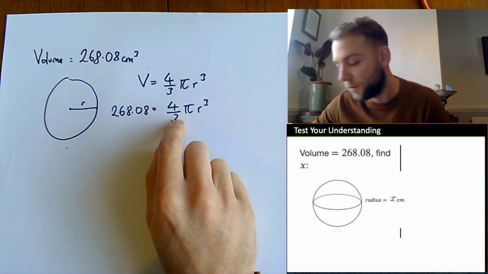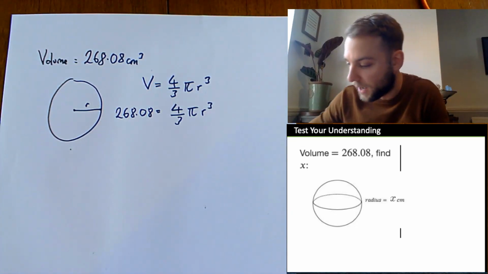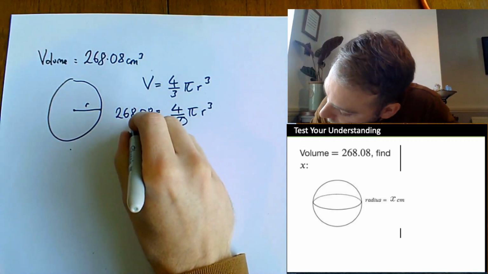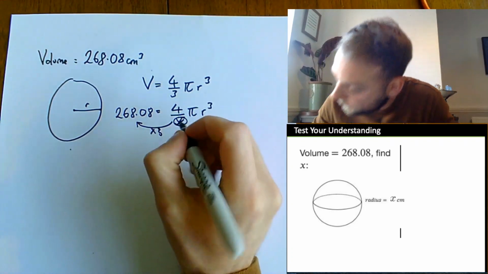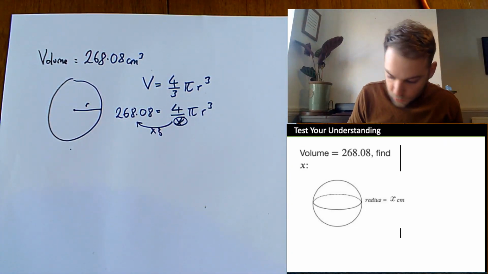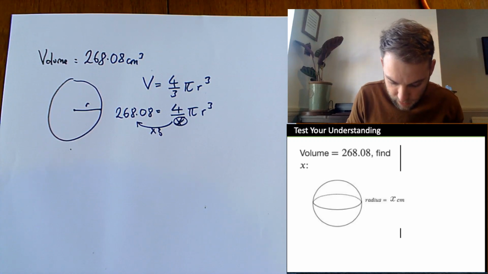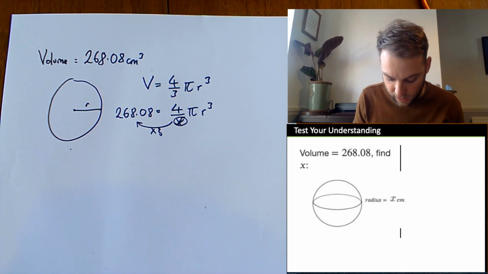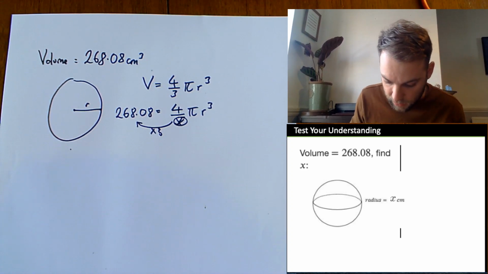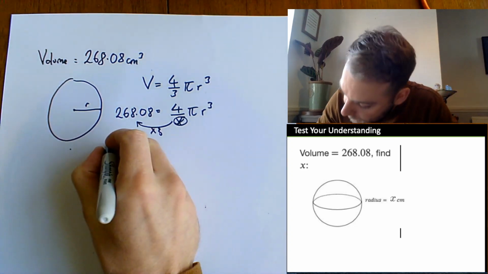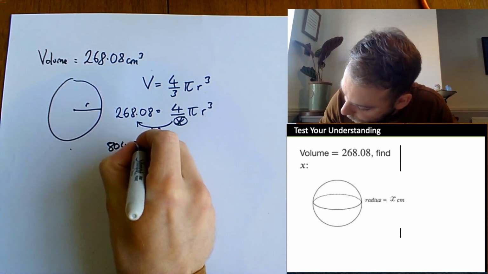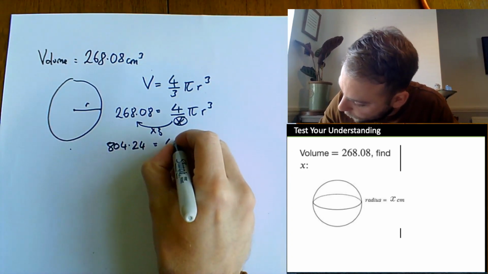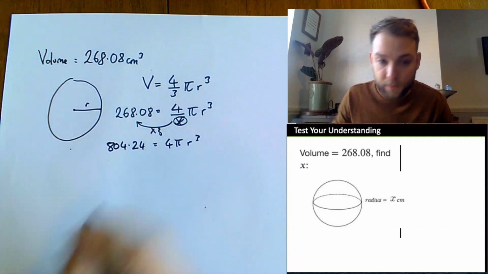The first thing I'm going to do is get rid of this divide by 3. I'm going to get rid of that by timesing by 3. So it's going to be 268.08 times by 3, which is equal to 804.24, is equal to 4 pi r cubed.